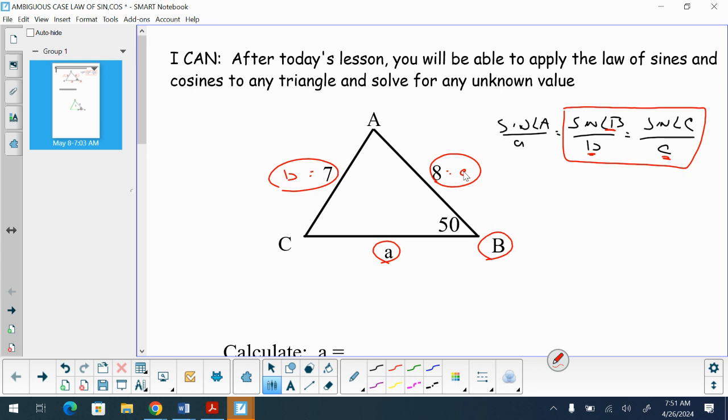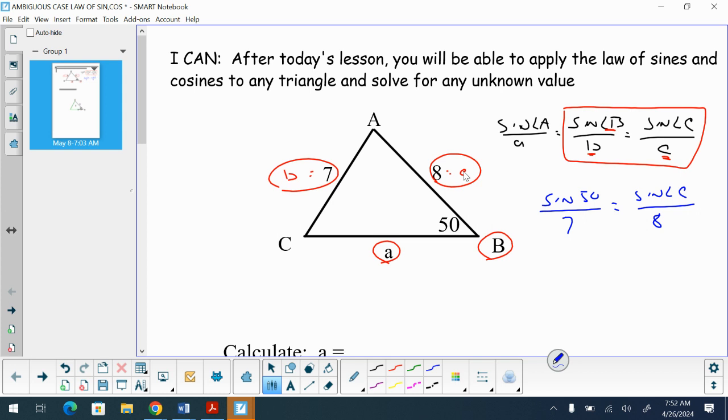So subbing in our values here, we have the sine of angle B, which we know is 50, over little b, which is a value of 7, equal to the sine of angle C over little c. We don't know angle C, but we know little c is a value of 8. So once again, we know 3 of the 4. We can use our mathematical skills that we learned in 5th and 6th grade, how to solve a proportion by cross multiplying and dividing.